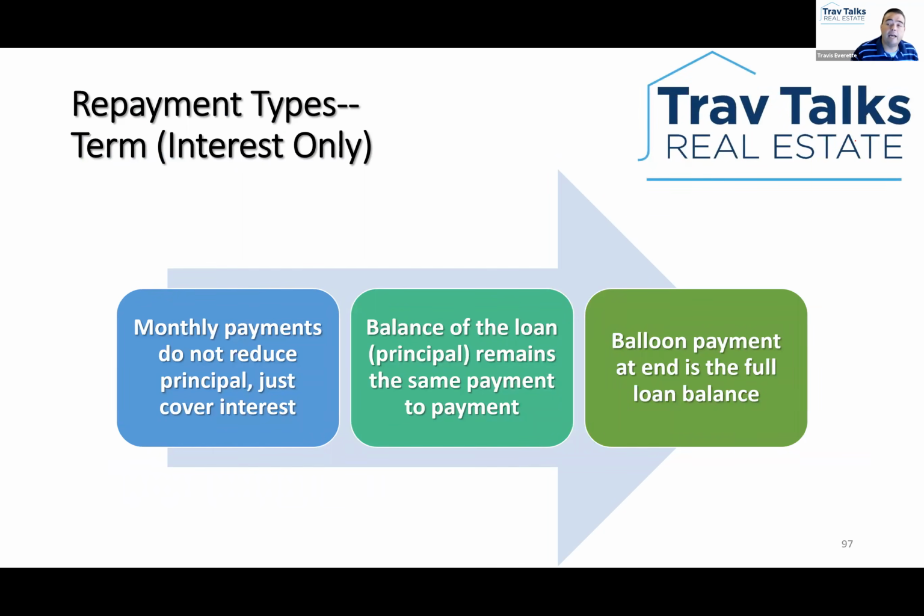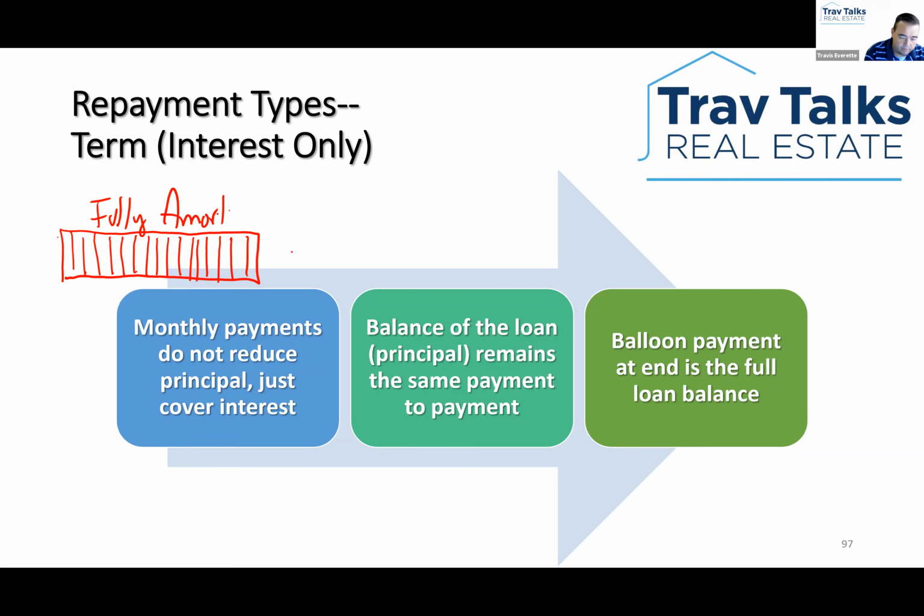Another very unique type of loan is something called a term loan or interest-only loan. So let me draw my little diagram for you here. Here is the fully amortized. Here is the partially amortized.